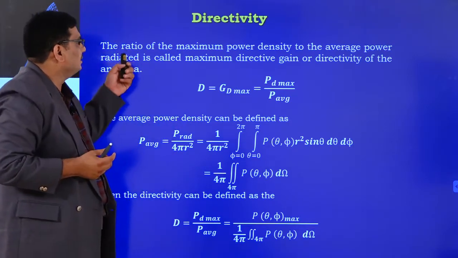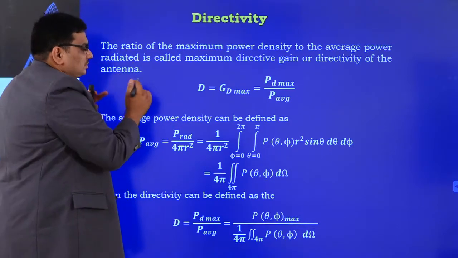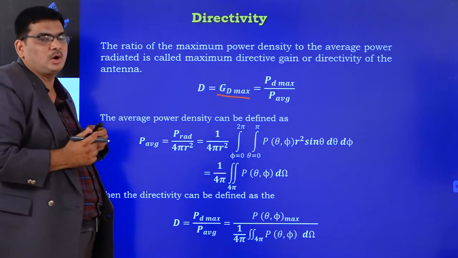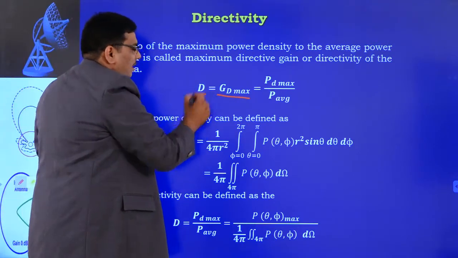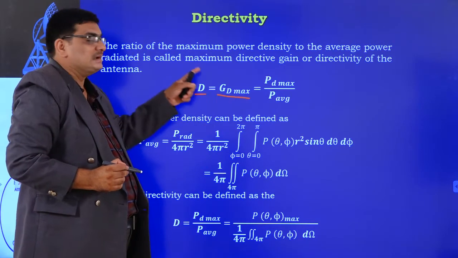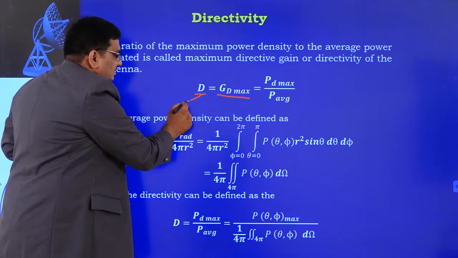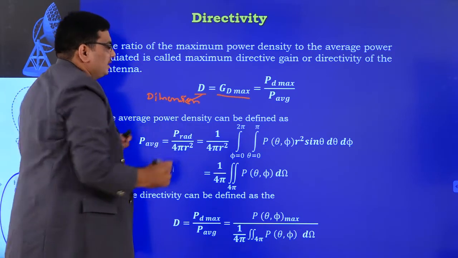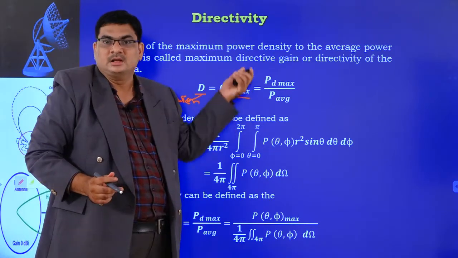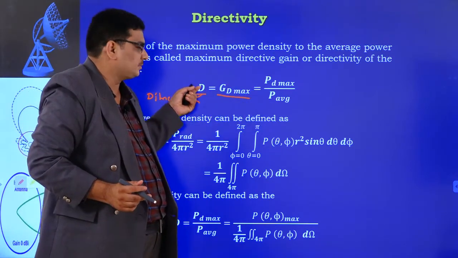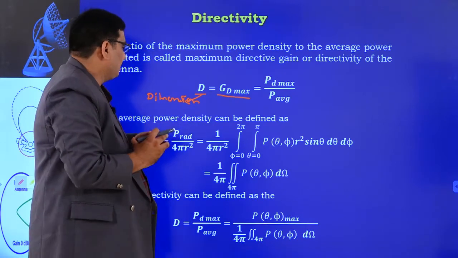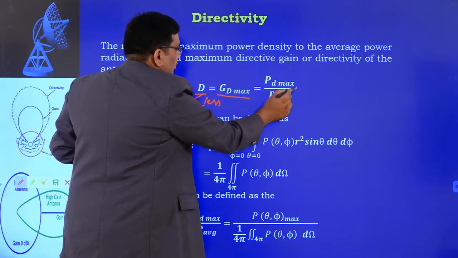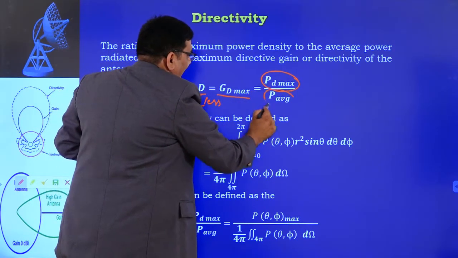Directivity is the same, but with one change: the maximum of your directive gain is called your directivity, and this is dimensionless. Your gain is expressed in dBs, but directivity is not expressed in any unit. So G_D max equals the maximum power by the average power.